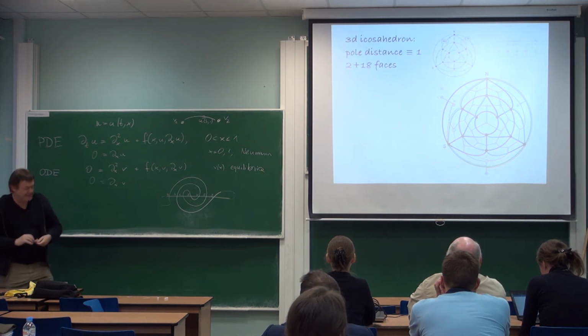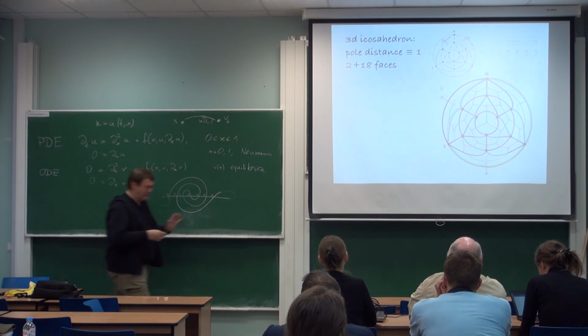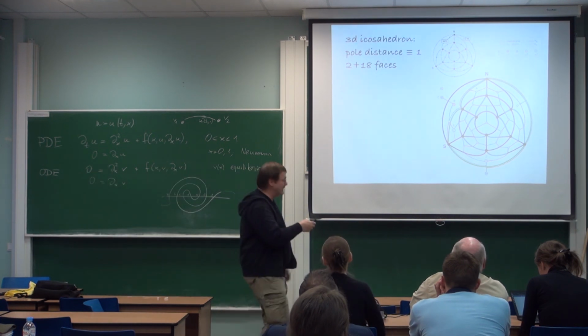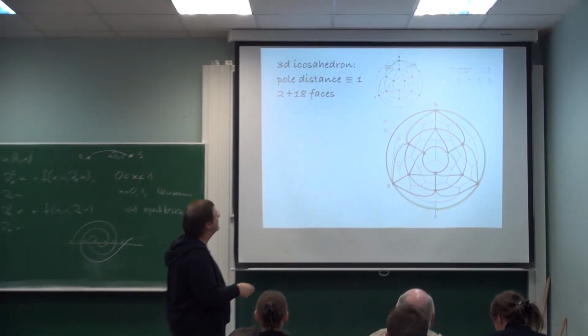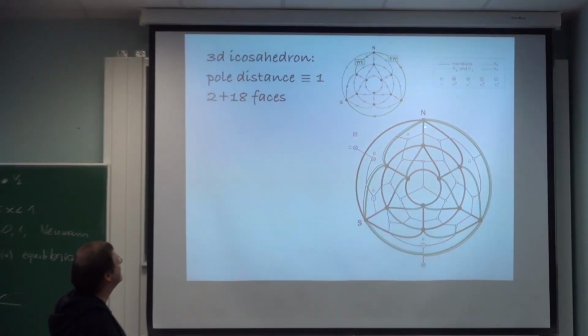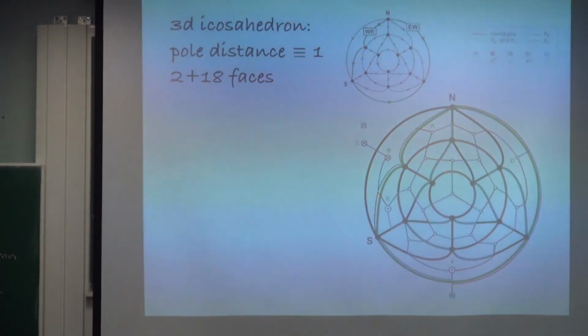So here is the icosahedron in a somewhat unusual presentation. But perhaps you see the triangle here, and here is a triangle, and there's a triangle. And then the back of this whole thing is also a triangle. So this is the presentation which we use.